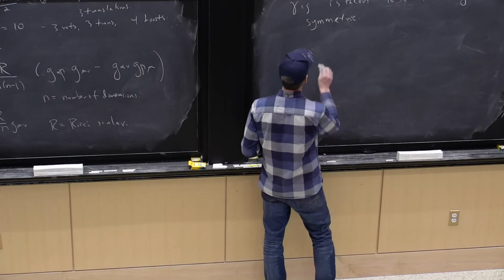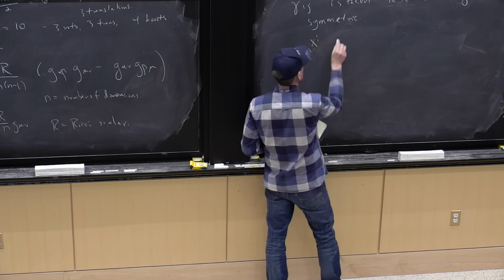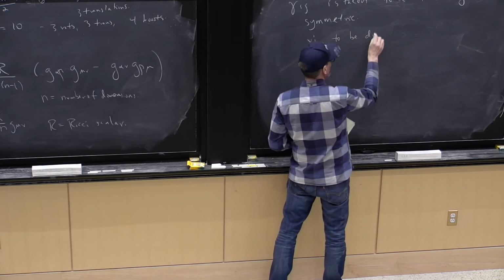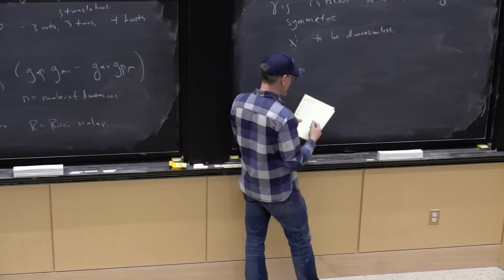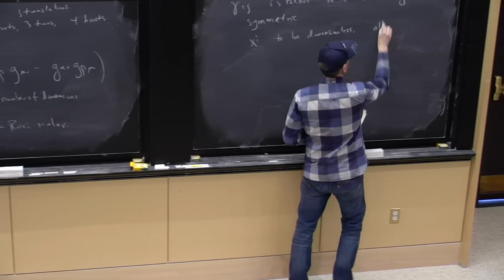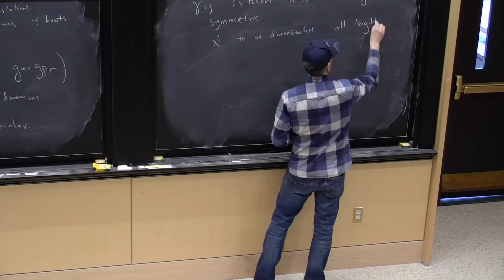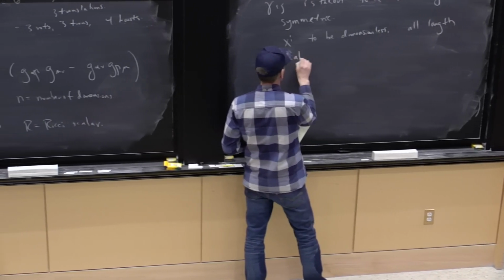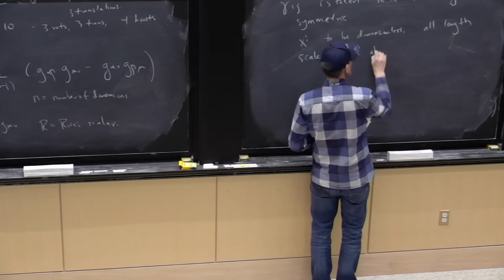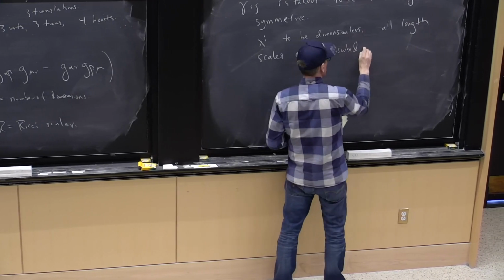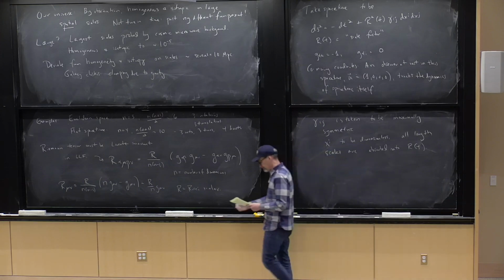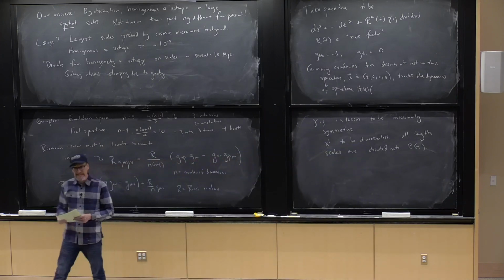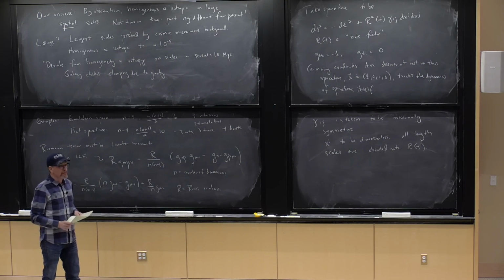My coordinates, I'm going to take my x^i to be dimensionless. And all notions of length, all length scales in the problem, are going to be absorbed into this factor R of t. We're going to see that the overall scale of the universe is going to depend on the dynamics of that function R of t.